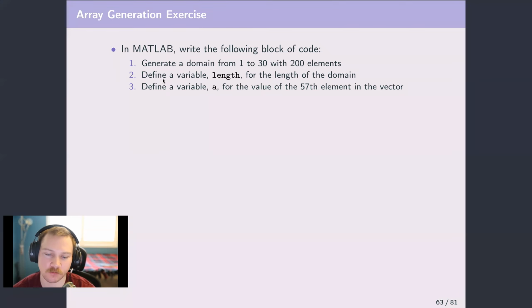Then define a new variable called length, and use the length function to calculate the length of that vector that we just made. Or you could use the numel function. And then on another line, define a new variable called a to specify the value for the 57th element in that vector. Okay, so I'll give you guys a few minutes to work on this.